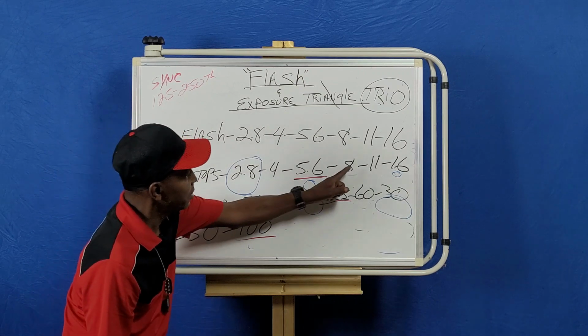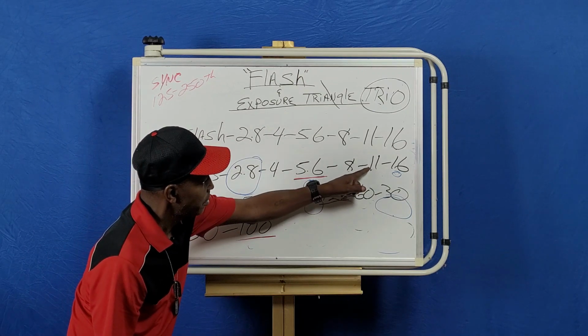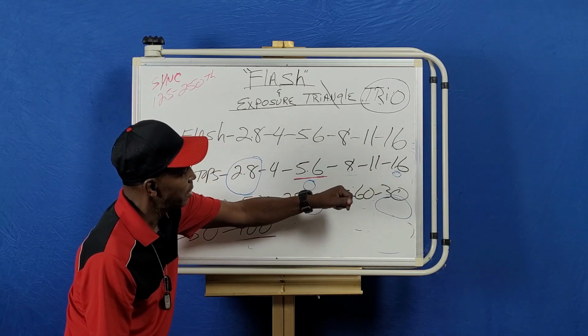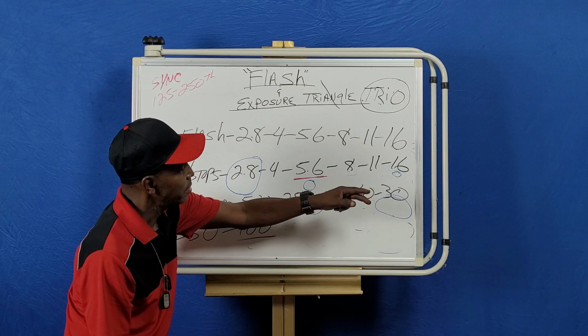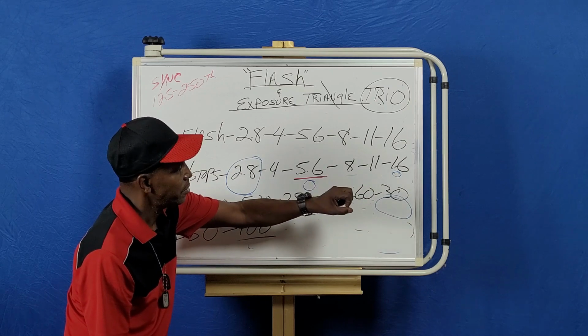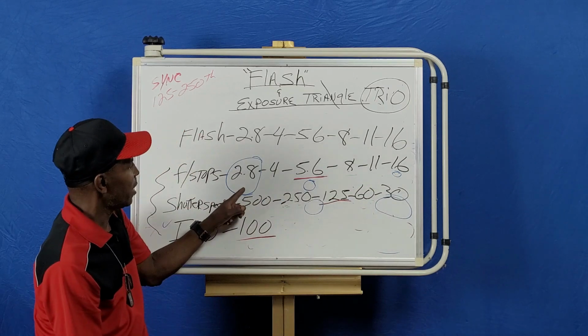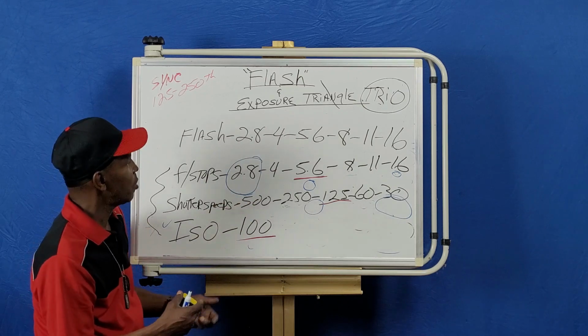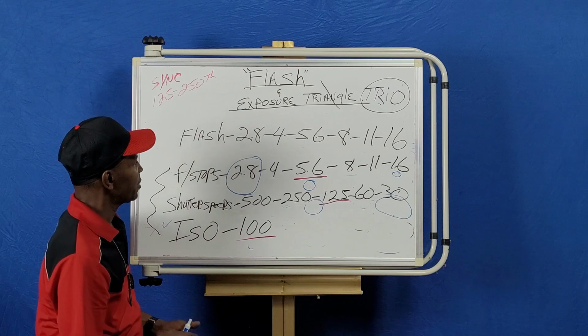And as you go up to the larger numbers, like f11, 16, 22, 32, larger numbers, smaller aperture, less light. 2.8, smaller number, larger aperture, it lets in more light.